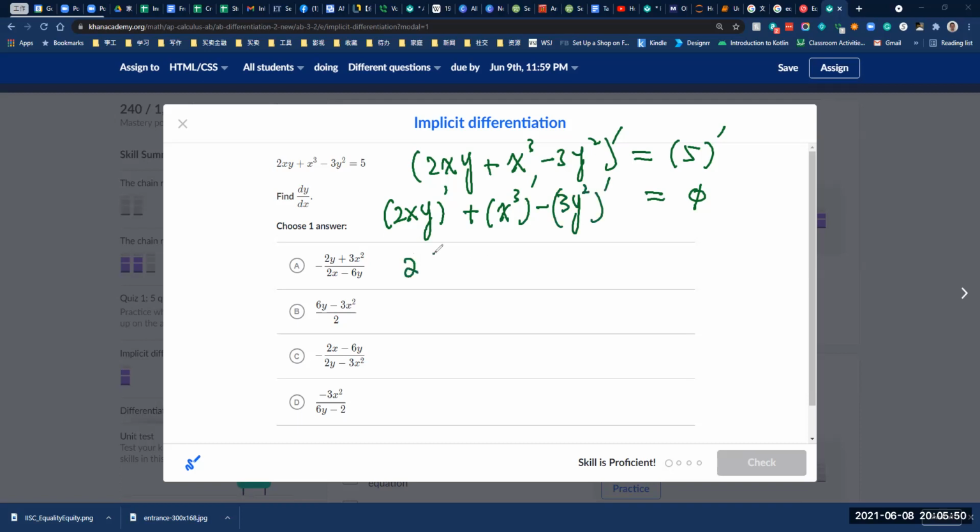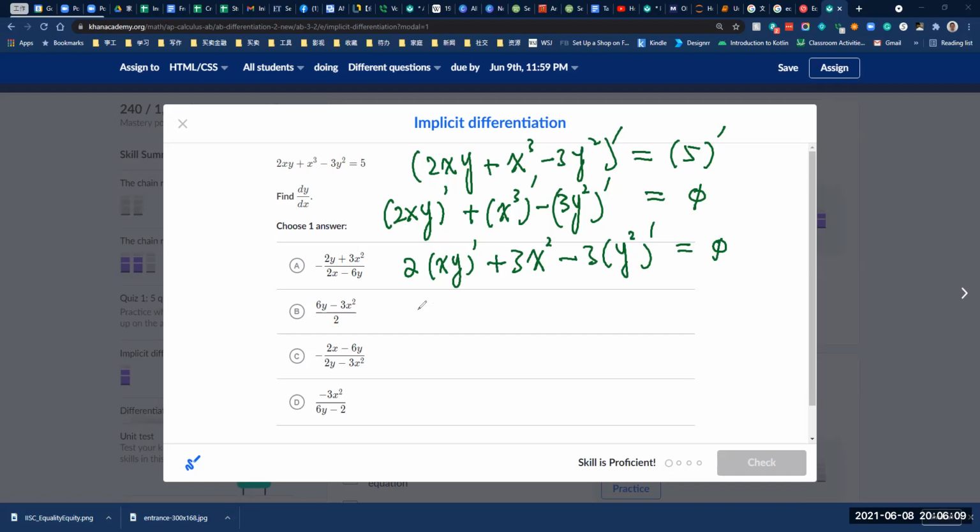This is 2xy' because the constant can move out. That's the easy one. And here, remember, we can move the 3 out. And this is 0. So we always have these equations when we do implicit differentiation.